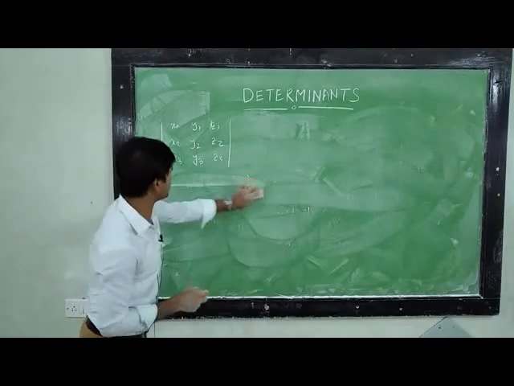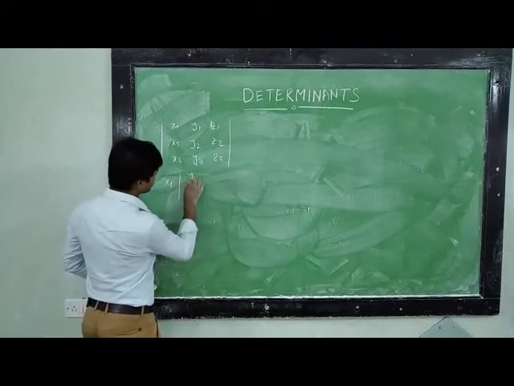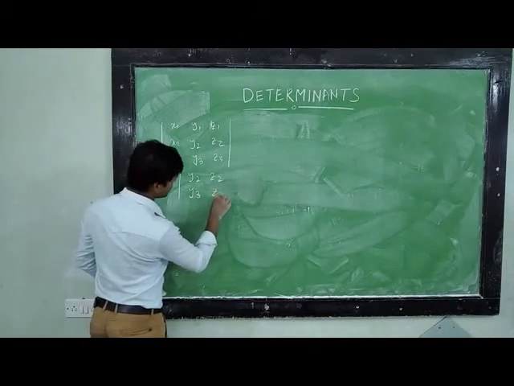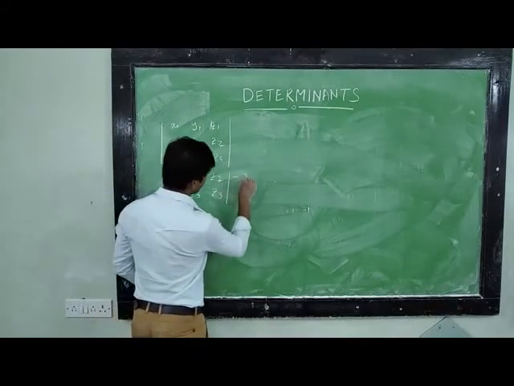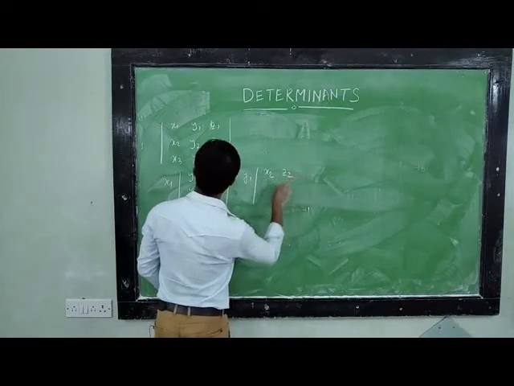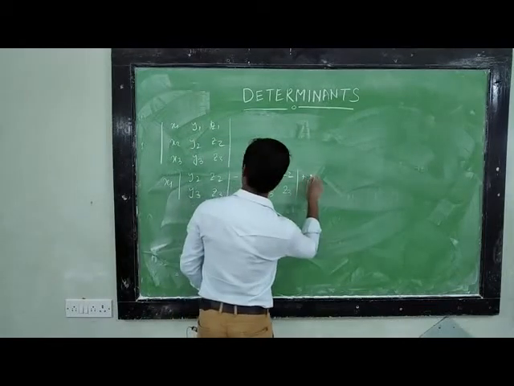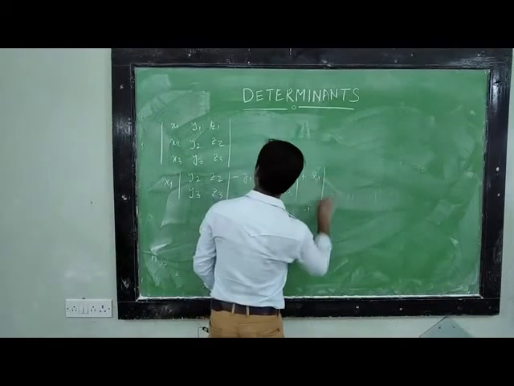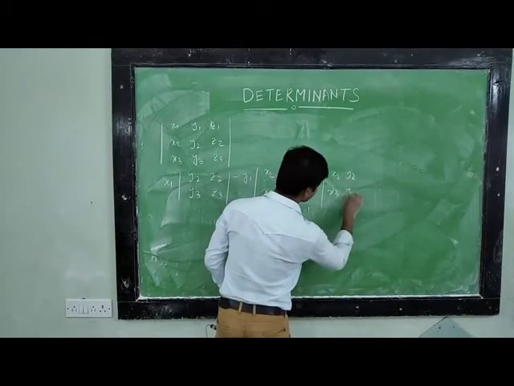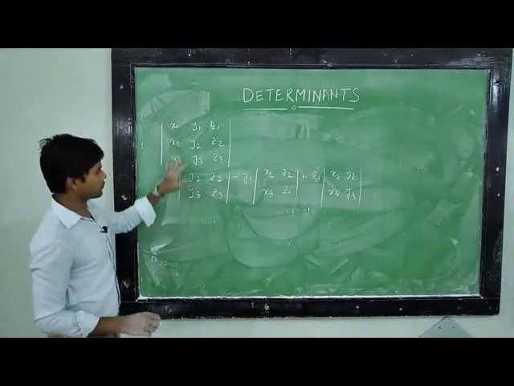Better to do it like that: x1 into the determinant of y2 z2, y3 z3, minus y1 into the determinant of x2 z2, x3 z3, plus z1 into the determinant of x2 y2, x3 y3. Okay, this is the expansion of the determinant.